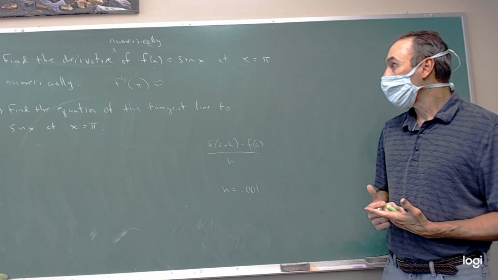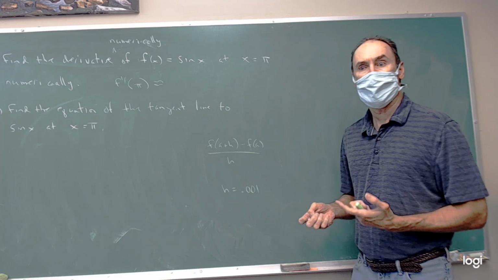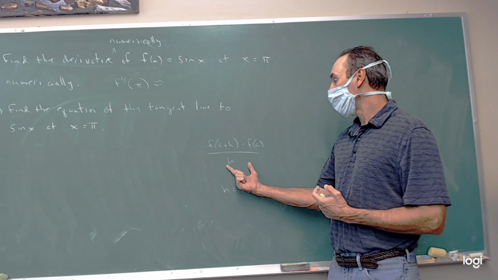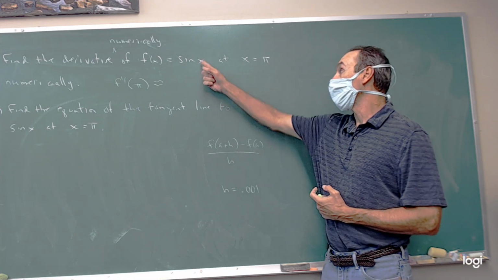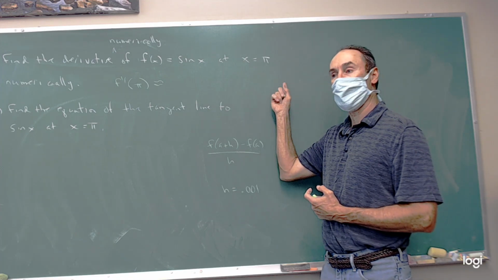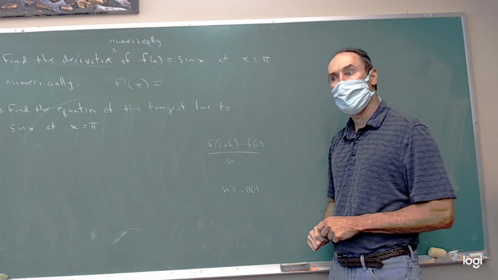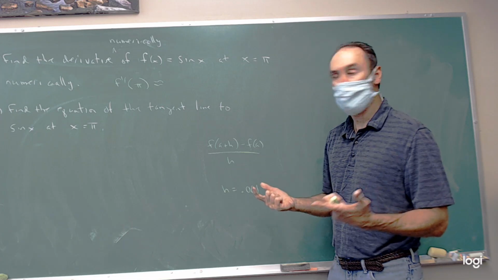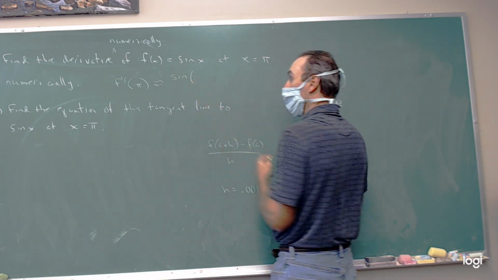So what's this going to look like? What's our f of a plus h minus f of a all over h going to look like? If that's our function, we want to find the derivative here, and this is our average rate of change. So tell me what to write down.